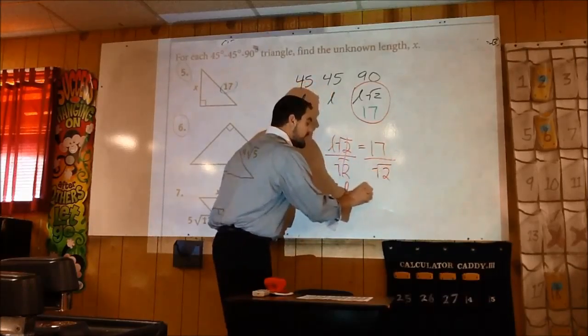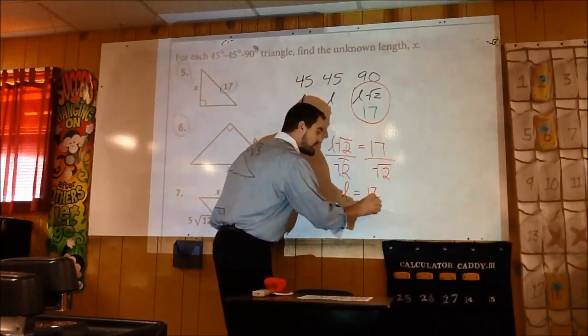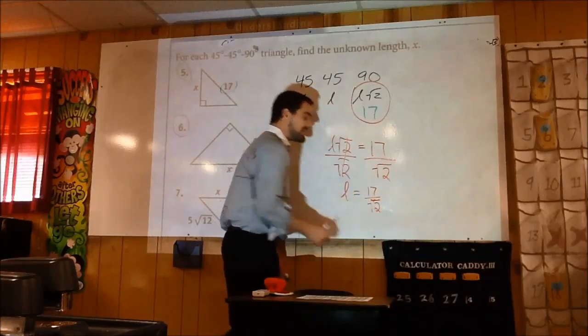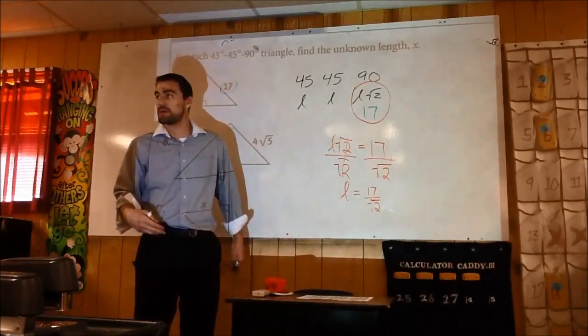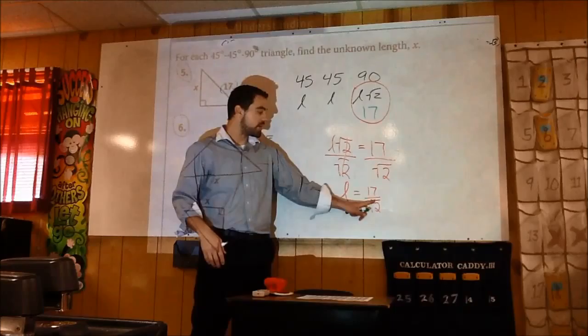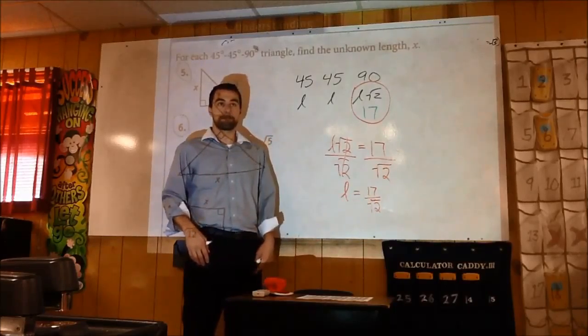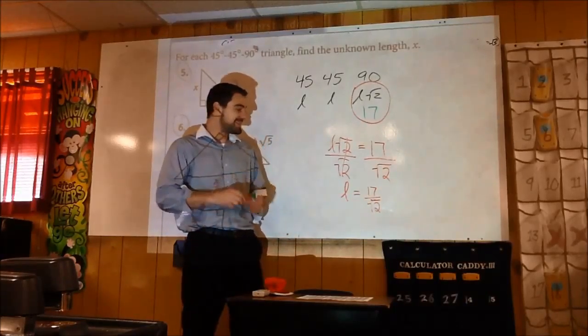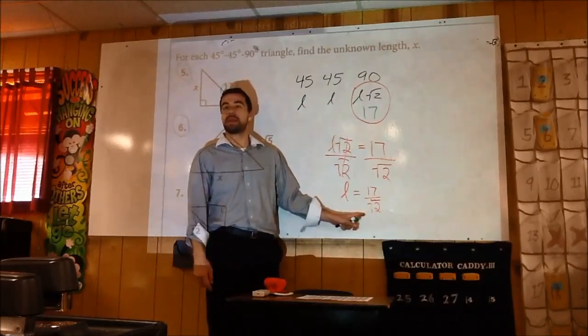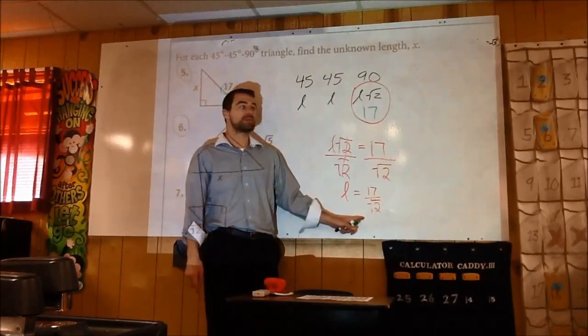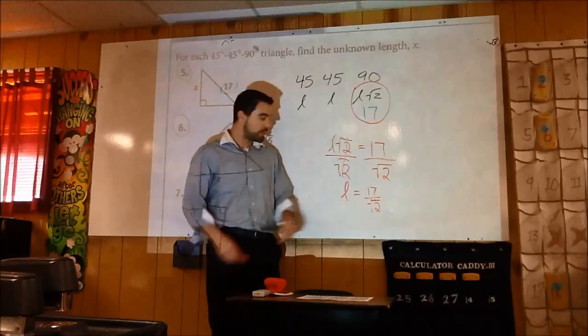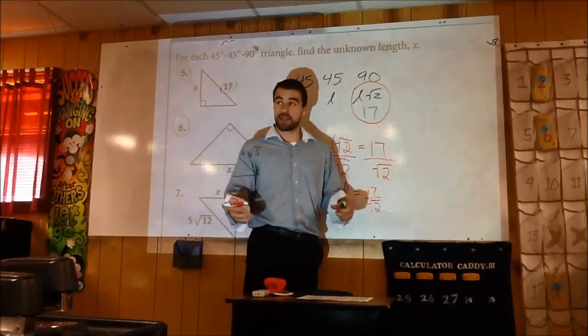And so technically, the correct value of our answer is 17 divided by the square root of 2. But you're not allowed to have radicals in the bottom. You can't have a radical in the denominator because this is an irrational number, and our denominators need to be rational numbers. So what we do is called rationalizing the denominator.